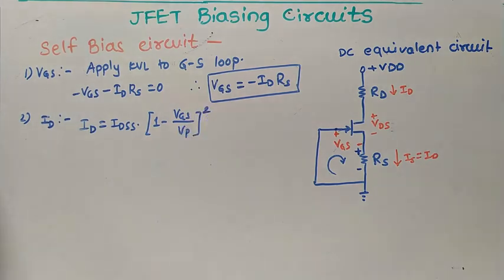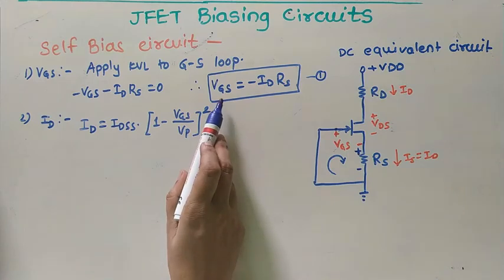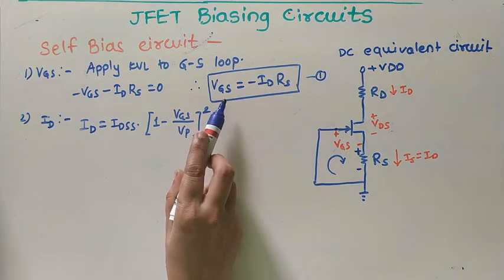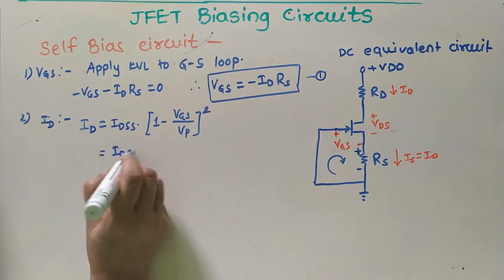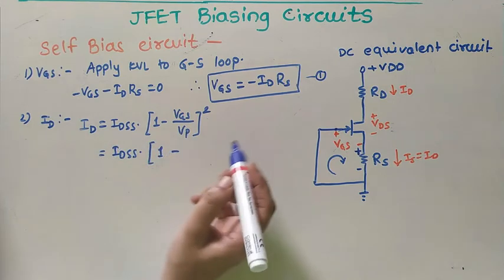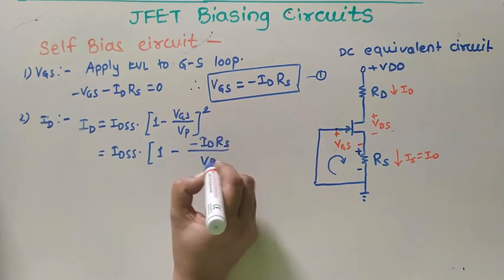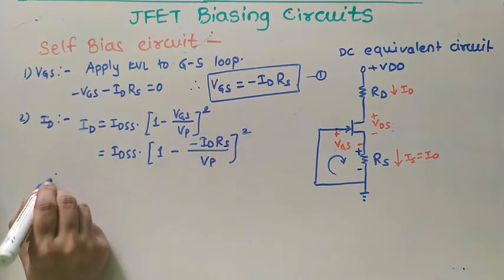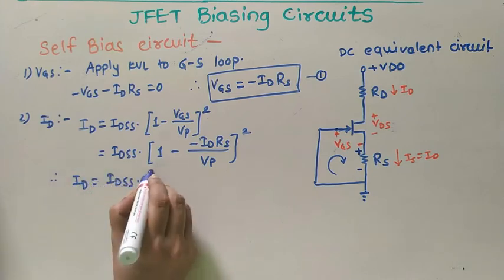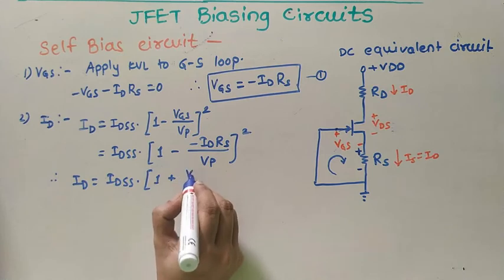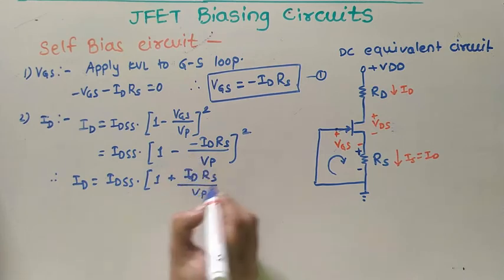Now in equation 1, we have obtained the value of VGS. You can put this value of VGS in this equation. We'll have IDSS into 1 minus ID into RS upon VP bracket square, and therefore ID will be equal to IDSS into 1 plus ID into RS upon VP bracket square.